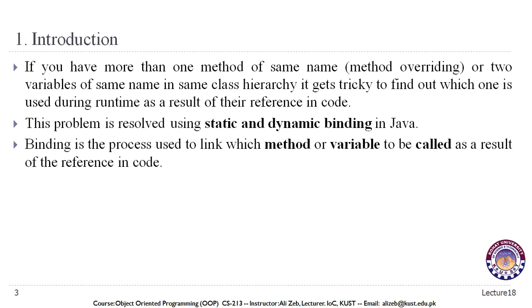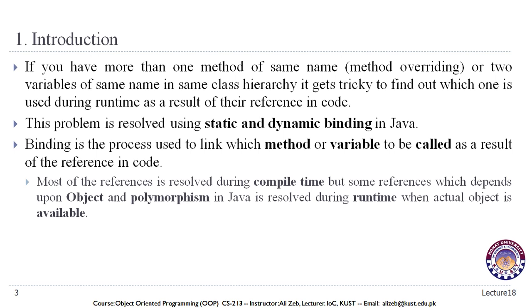Binding is the process used to link which method or variable to be called as a result of the reference in code. Most of the references are resolved during compile time. In the majority of cases, we will know in advance when we are compiling the program which method would be called or which variable will be used.